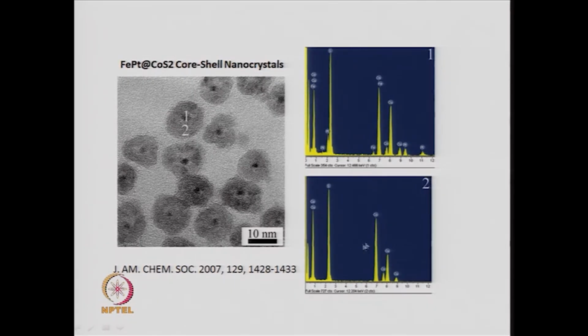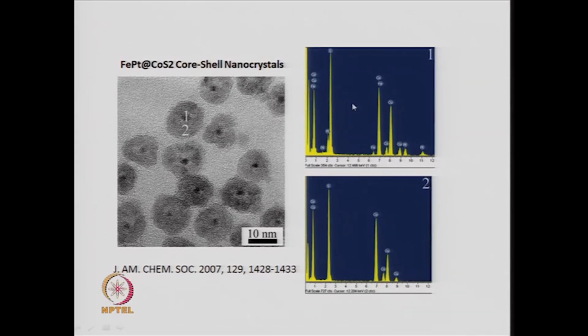So, iron and platinum are missing here, whereas all the elements you can see at point 1, because when you pass the beam through point 1, it goes through the shell into the core, and you will see all the elements present in the core as well as the shell.